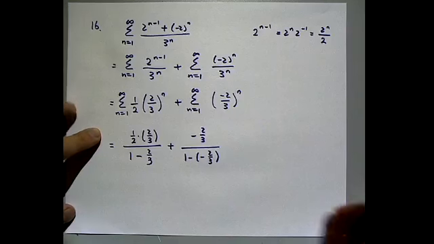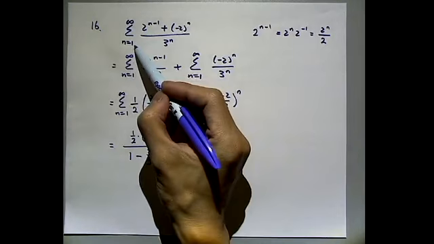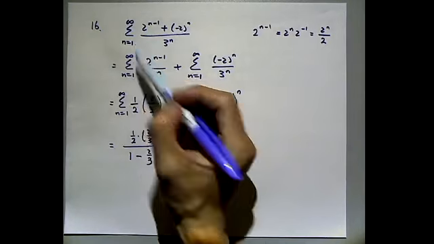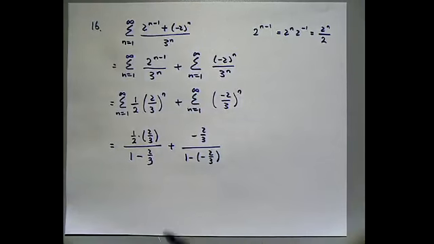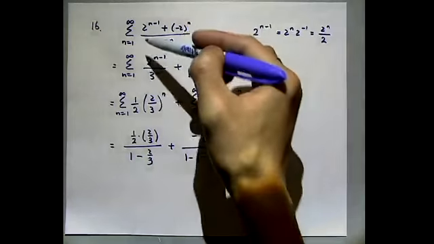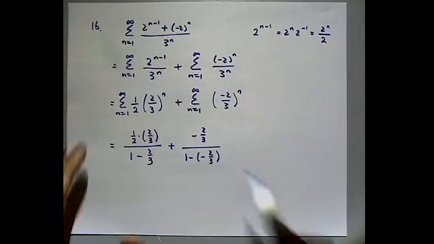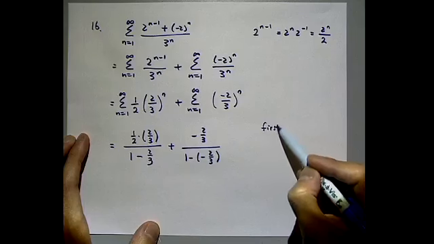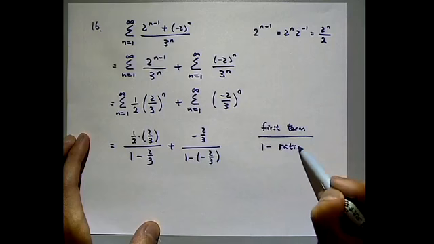No, we're forced to start at 1. But the formula doesn't care where you start. It cares about the first term and then the common ratio. So if you can identify the first term and the common ratio, it doesn't matter where we start. We could start at 18, and it doesn't change the way we find the sum. So first term over 1 minus ratio, right?